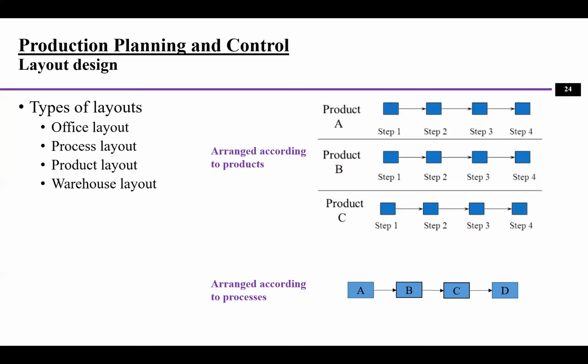So this is how they can organize their layouts. Another one, of course, is the warehouse layout. So basically, it organizes those different processes based on what is available and how to retrieve and how to receive.